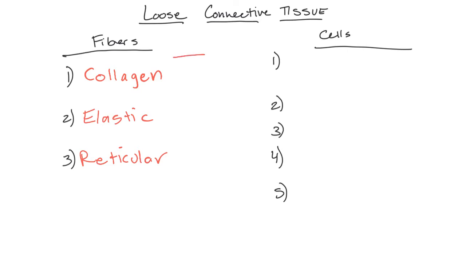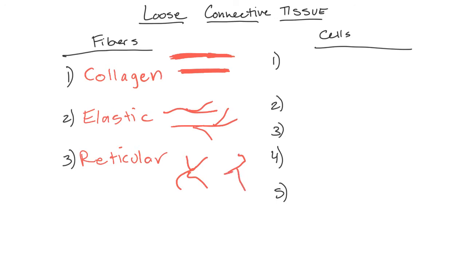Collagen is thick and pretty straight. Elastic is thinner and also has branches coming off of it. And reticular is very branched and kind of scattered in its patterns.